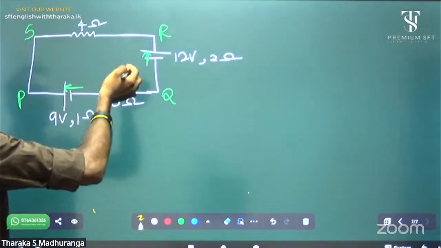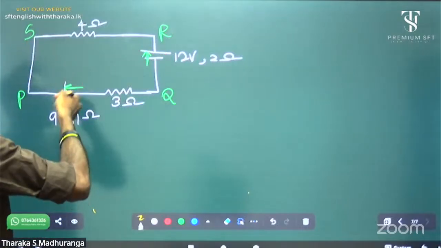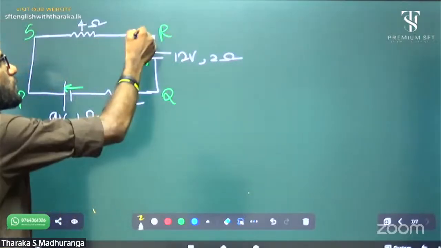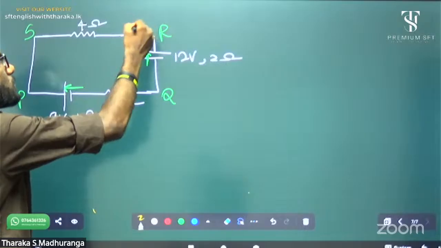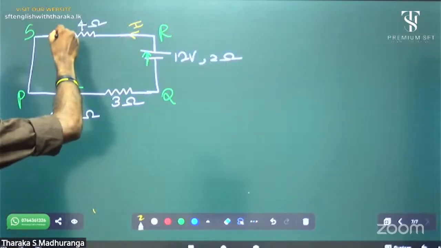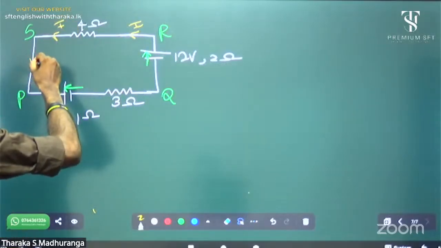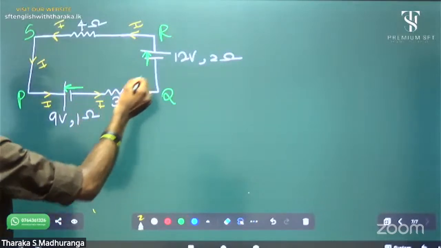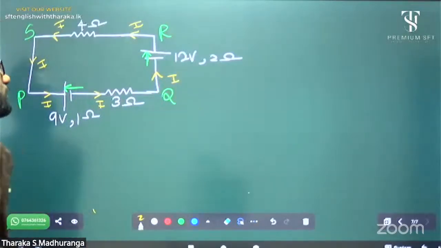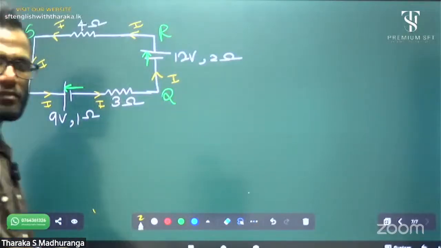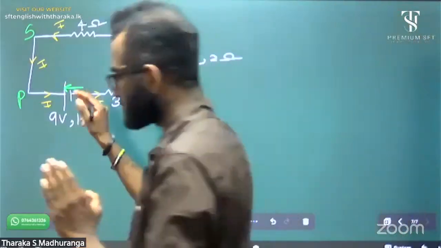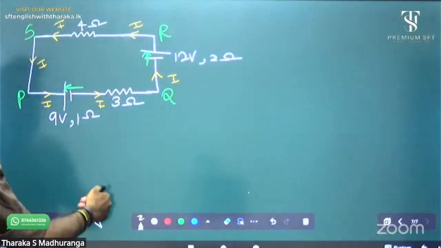Current direction. I think 12 volt is greater than 9, no? Then I am going to start. This is I. I don't know the exact direction, but I marked the most possible direction.